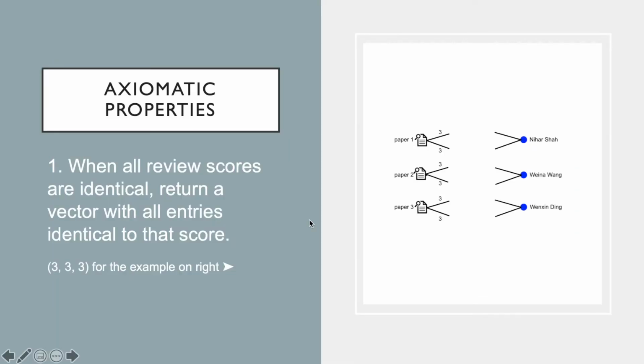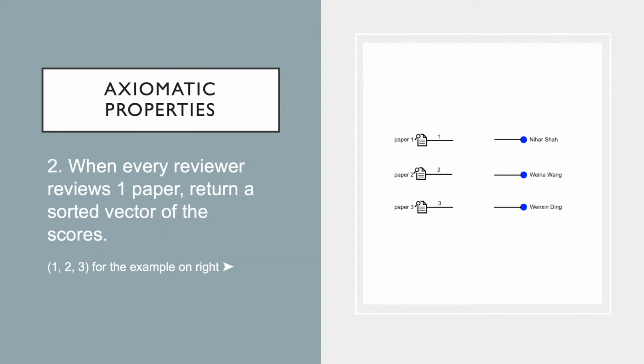The first axiomatic property states that when all review scores are identical, then we should return a vector with all of its entries identical to that score. This is the true vector, and this can be obtained from the public data only. Secondly, when every reviewer reviews just one paper, then we should be able to return the sorted vector of the scores.